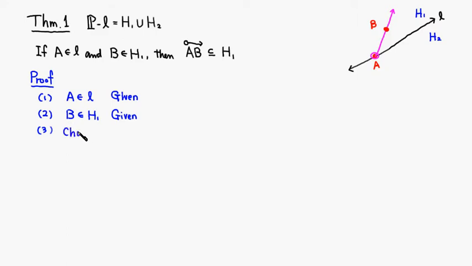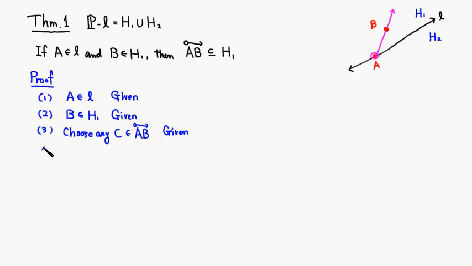Choose any point C in open ray AB. This is just given. Then we want to show that C is going to be in H1.